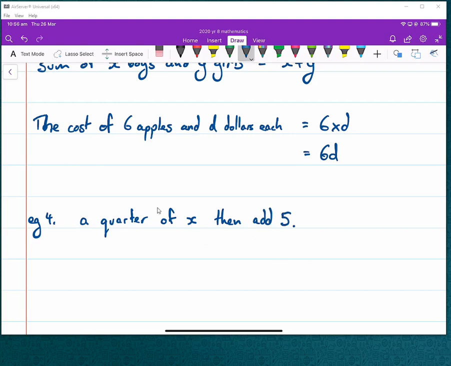So we just recognize a quarter. Well, we know that's 1 over 4, and then "of" is always used as times in maths. So we would write this as equals a quarter times X, a quarter of X, and then plus 5.